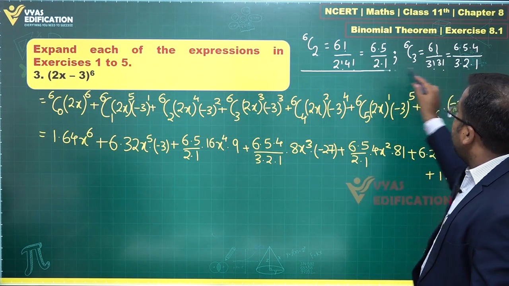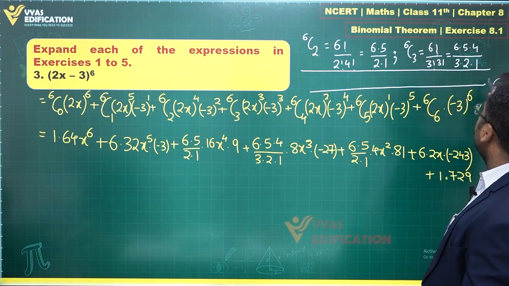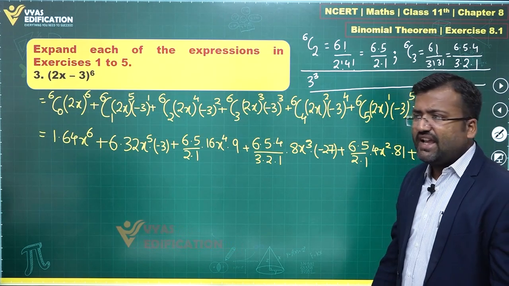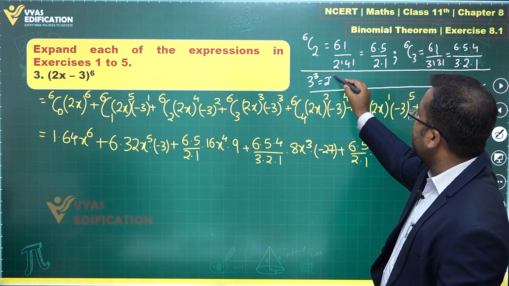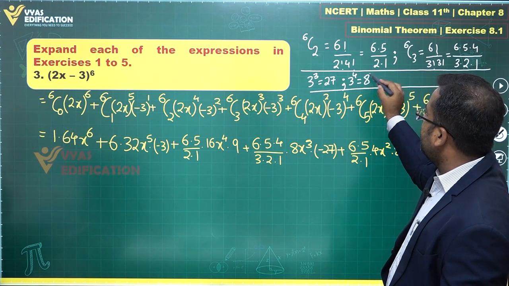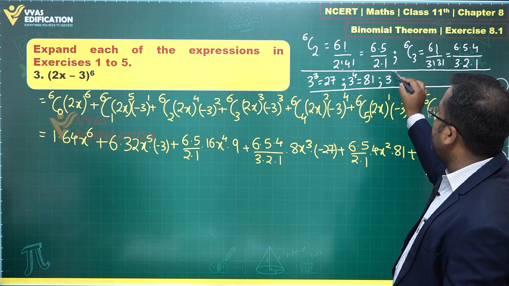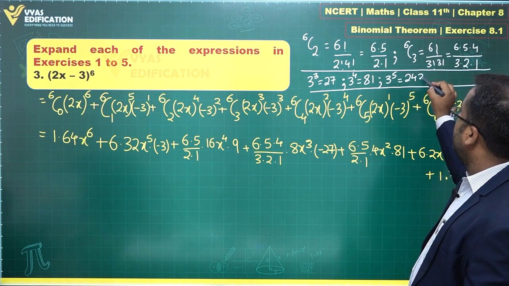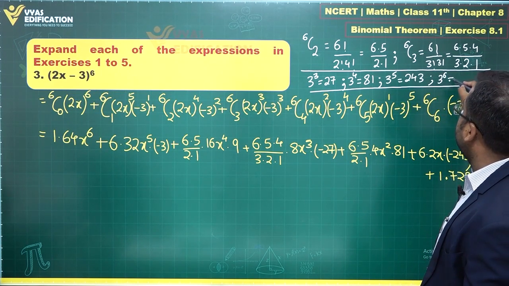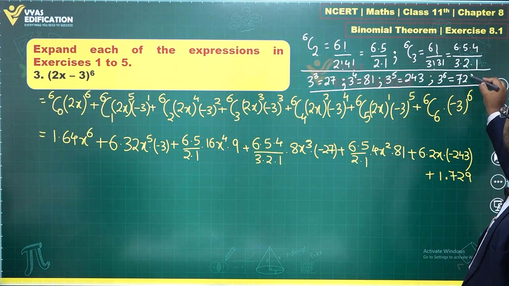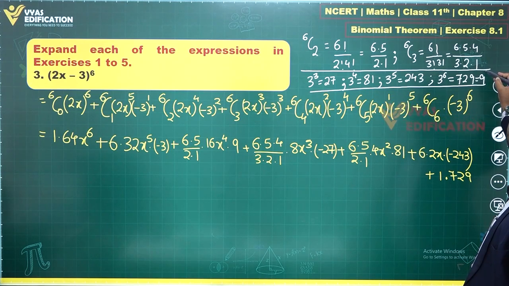I have also used the powers of 3. Now what powers of 3 have I used over here? 3 power 2 you are aware of. 3 power 2 is 9. 3 power 3 is 27. 3 power 4 will be 27 times 3, which is 81. 3 power 5 will be 81 times 3, which is 243, and 3 power 6 will be 243 times 3, which is 729. 729 is also 9 cube.